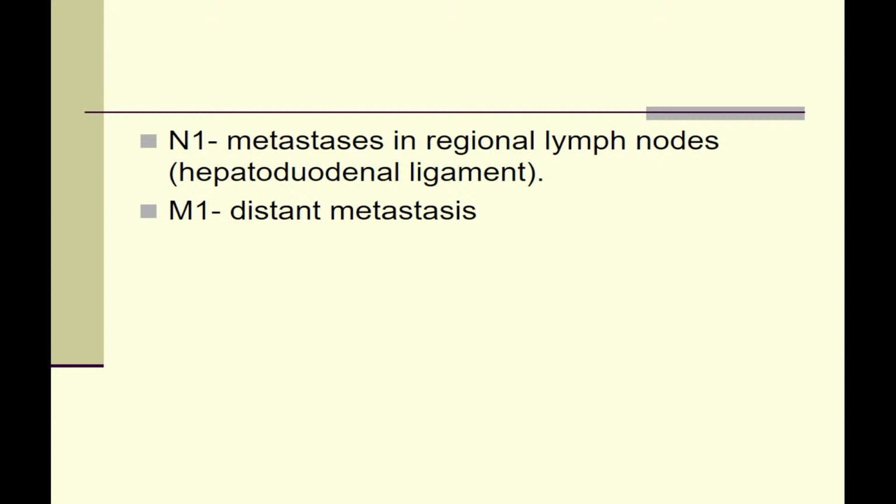Lymph node status. N1 means metastasis in regional lymph nodes, which include the hepatoduodenal ligament, and distant metastasis M1 if there are metastases in other organs.